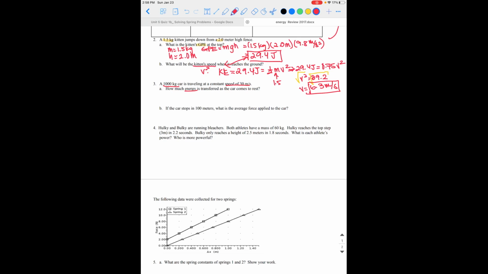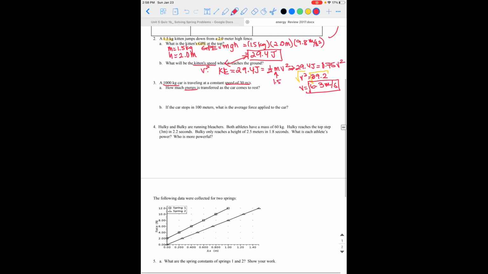And when we're thinking about how a car comes to rest or how it stops, you use your brake, and the brake is creating friction, which is thermal energy. So all we need to do here is calculate the kinetic energy, because we've got a mass of 1,000. We've got a speed of 30.